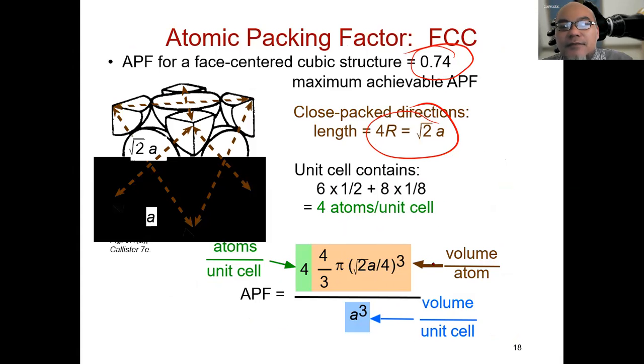And we obtain this number, 0.74. So from here, we see that FCC has the most densely packed crystal configuration compared to the other two, the simple cubic structure and the body centered cubic.